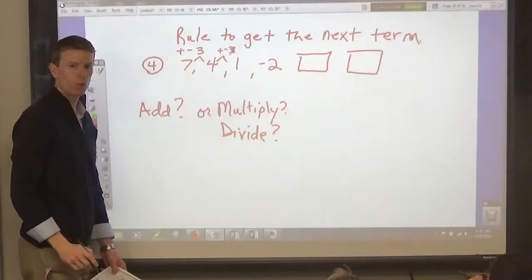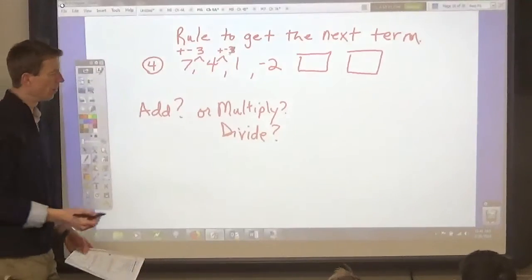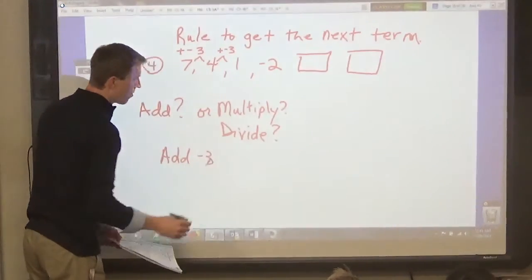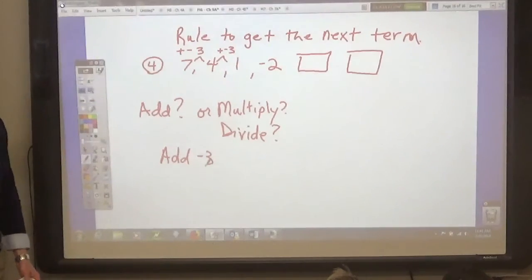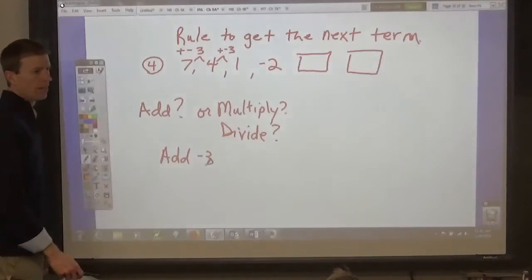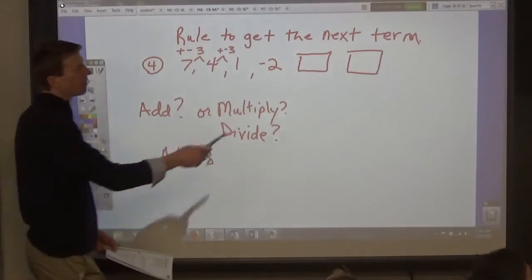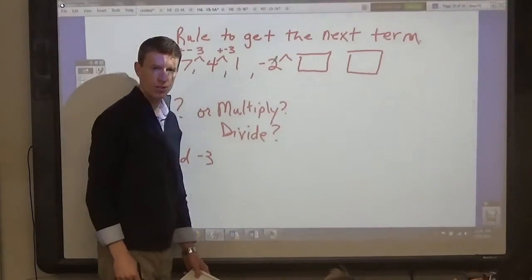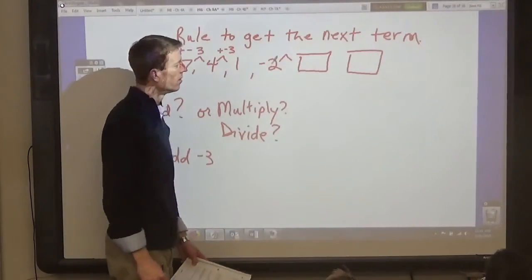So when you're writing your rule, write it as an addition rule. Why? Add negative 3. Okay? Add negative 3. Why would you do that? Because it's easier to add negative to negative 2 than it is to subtract.